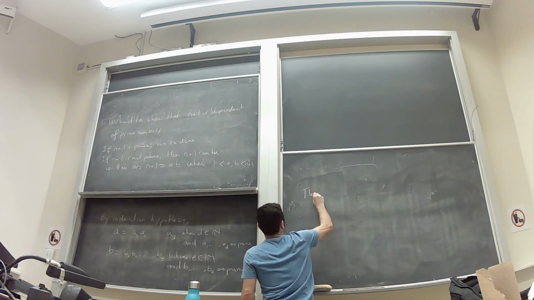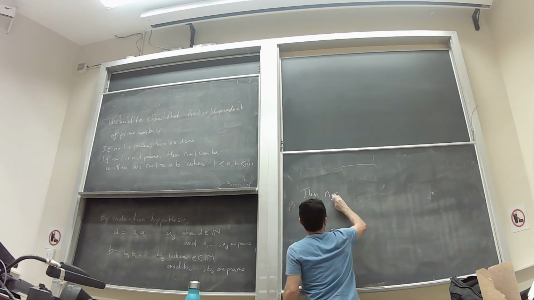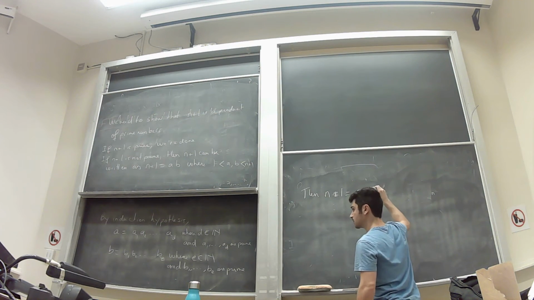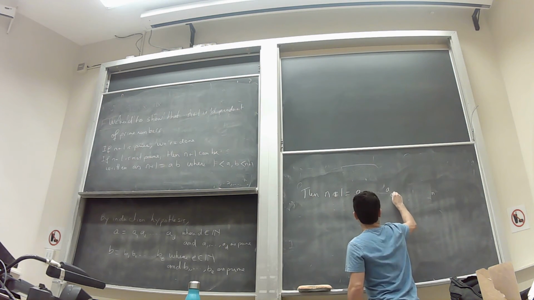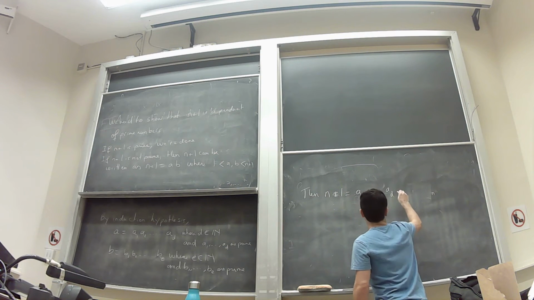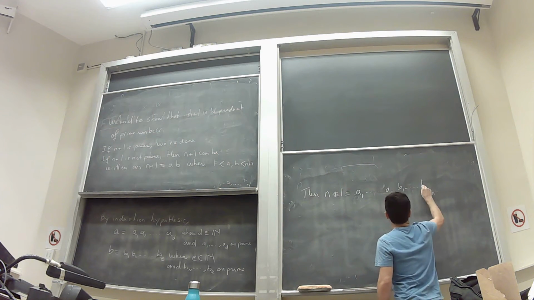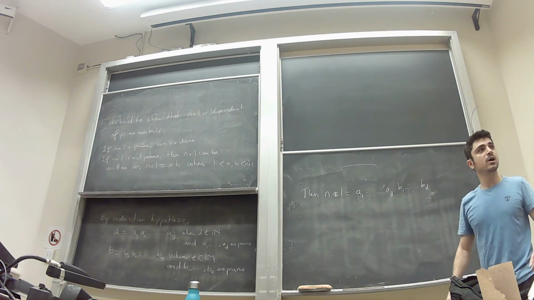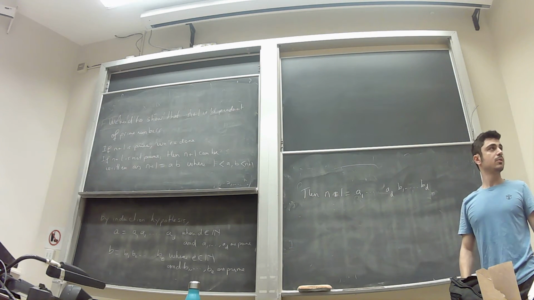Then, n plus 1 is equal to A1 up to AD and B1 up to BE, which is a product of prime numbers.